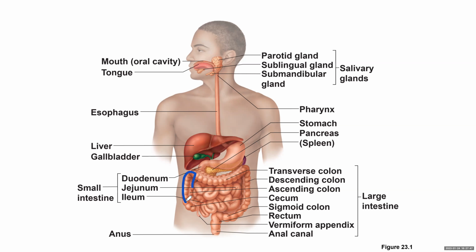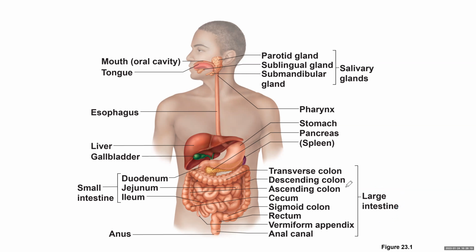Then ascending colon goes up, transverse colon, descending colon. Then it makes a curve, C shape, that's the sigmoid colon, rectum, that means straight, and anal canal, and anus. That's part of the large intestine.